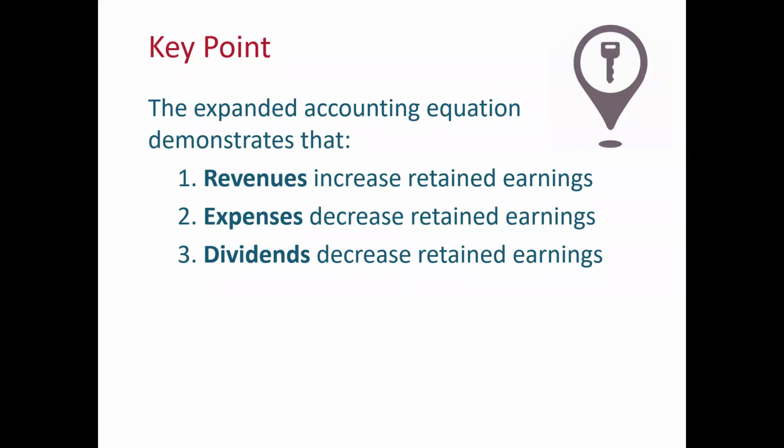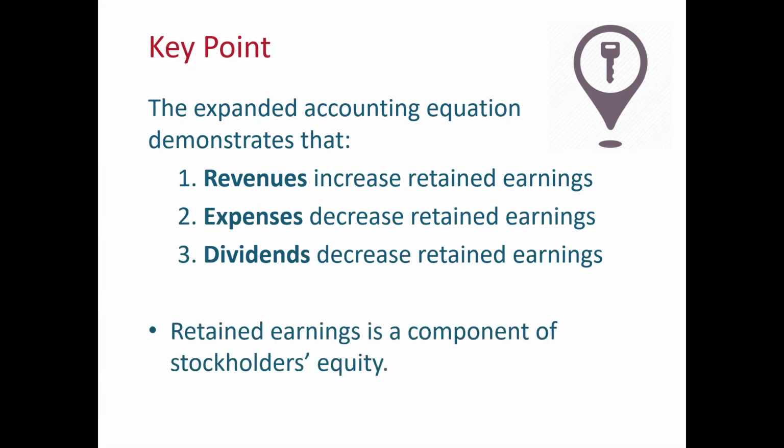So we know our revenues and expenses make up our net income. We ultimately take our income statement and put our net income into retained earnings. But for the time being, we're going to take these transactions and see how they play out in our accounting equation.